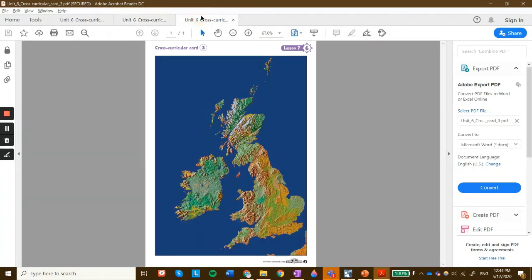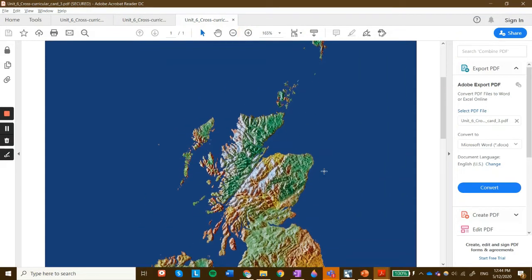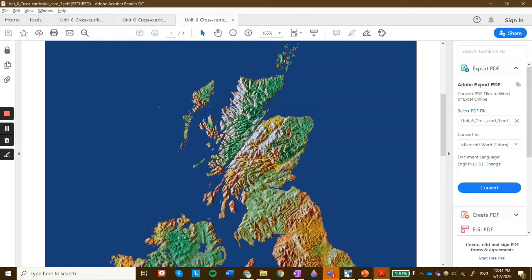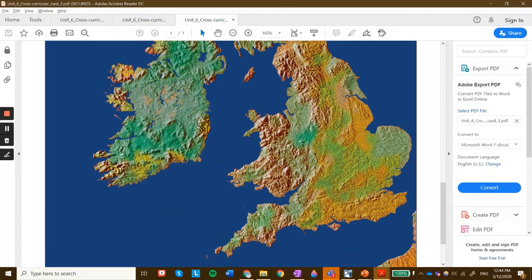And this next map is showing us in pictures just how different the land looks. So you can see up here, it's farther north. So you can see that they mostly will have snow. And down here, they don't have as much green because this is where London is.